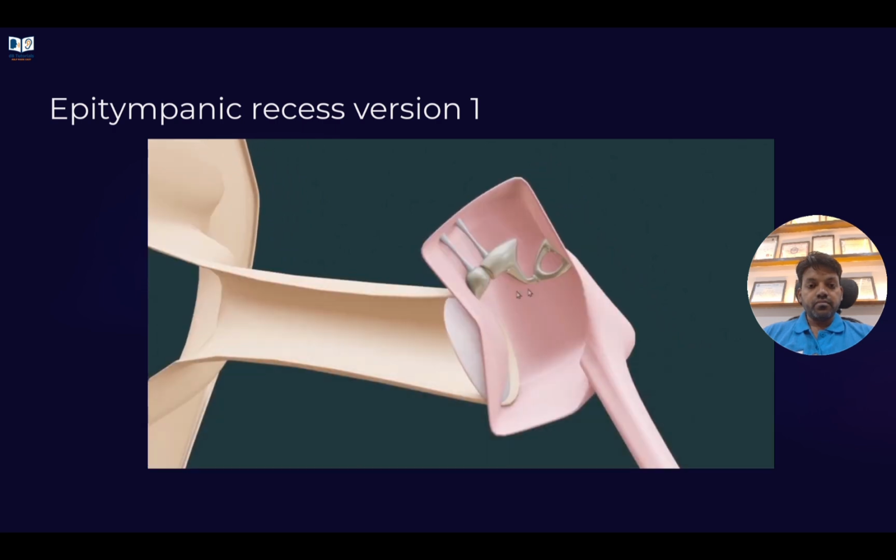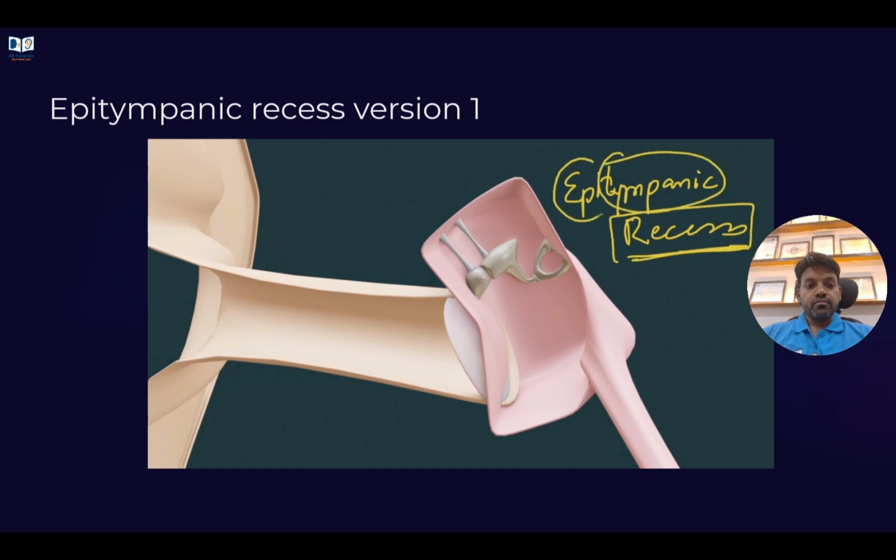By the way, this upper part that forms by the extension of the tympanic cavity is called the epitympanic recess. Epi means above. Recess is sort of an extension. So it is an extension of the tympanic cavity which is above the original primordial tympanic cavity. Original primordial tympanic cavity was somewhat here.